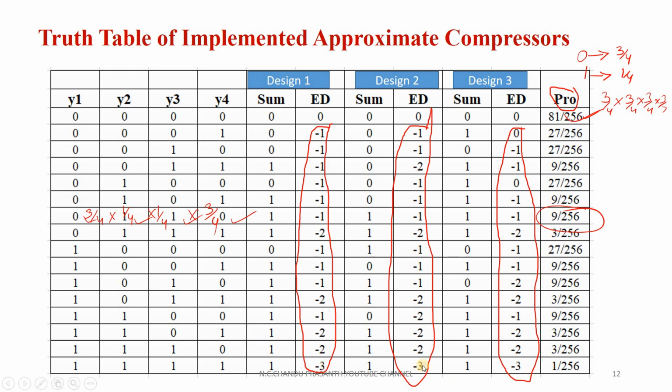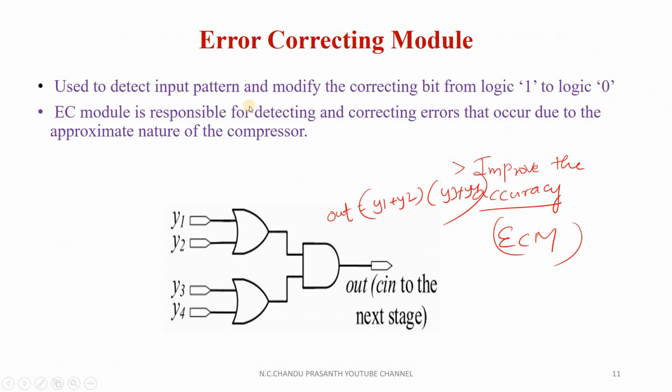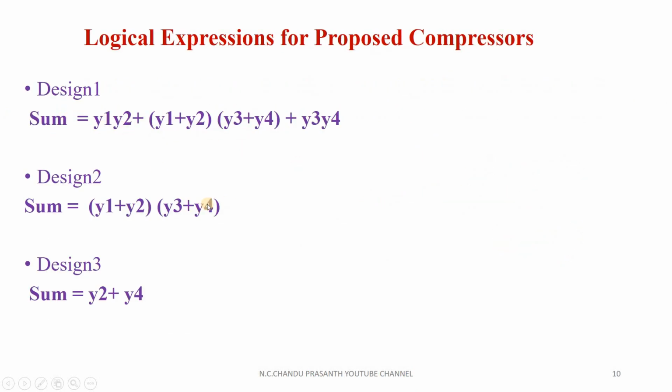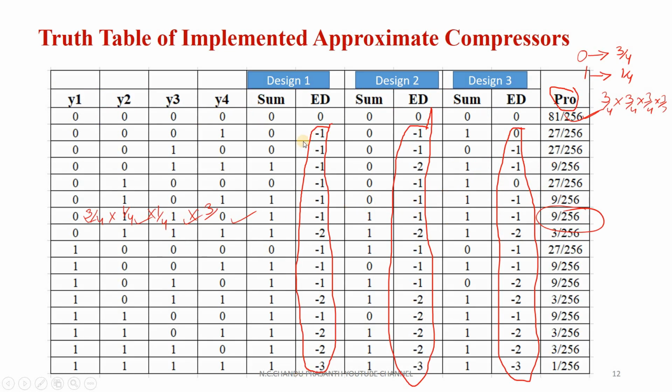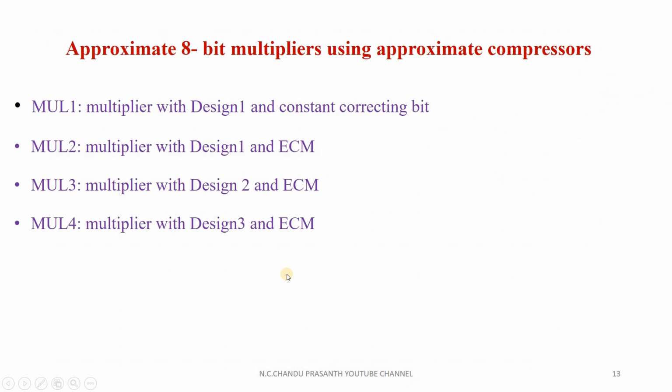The probability of getting the partial product 0, 0, 0, 0 is 81 by 256. The probability of getting the partial product 1, 1, 1, 1 is 1 by 256. Like that. So all these are the errors. You can simply verify this truth table using these logical expressions. If you substitute the y1, y2, y3 values, we can simply get this column.